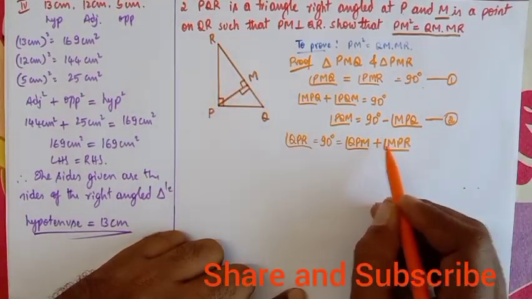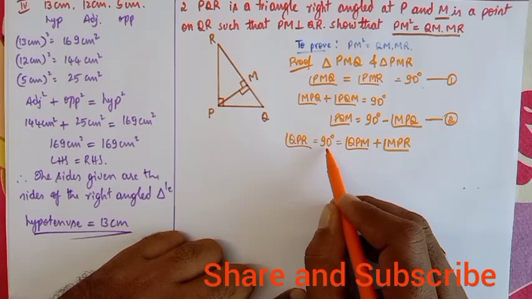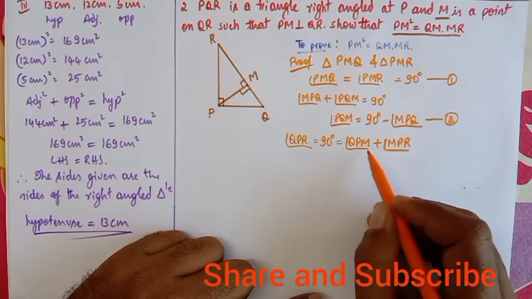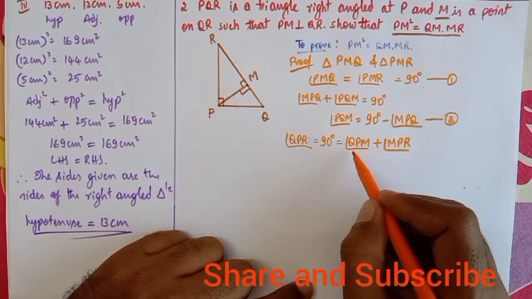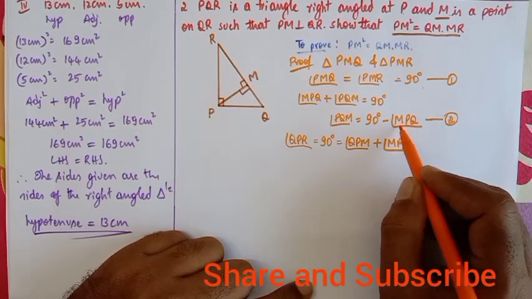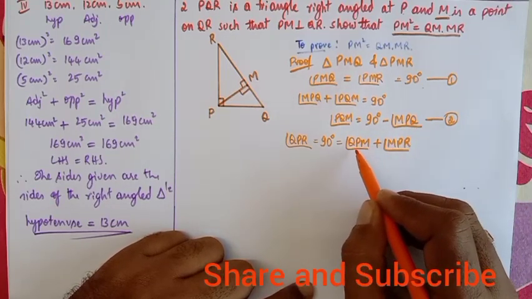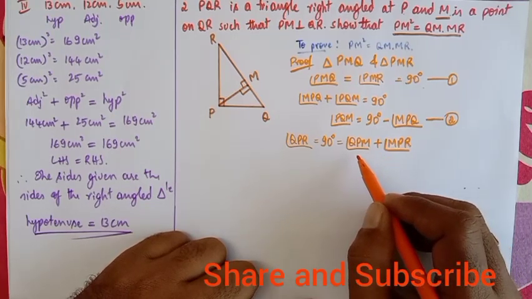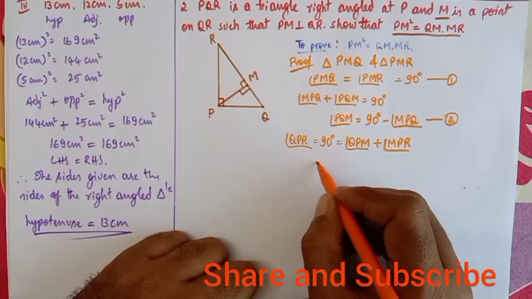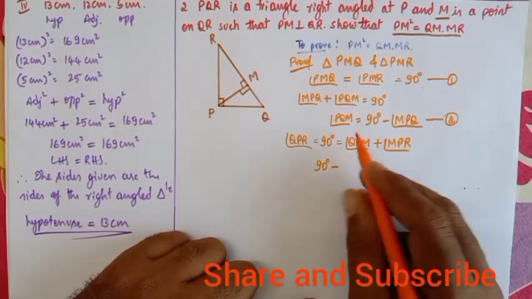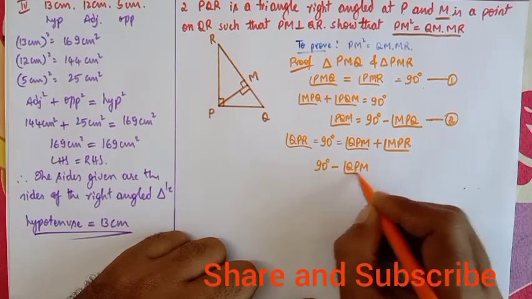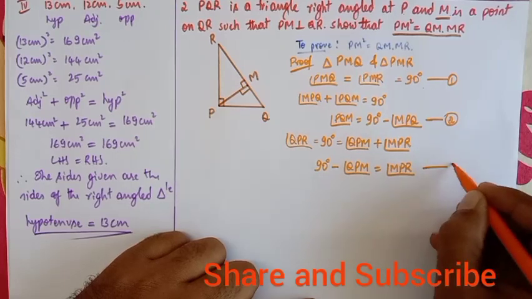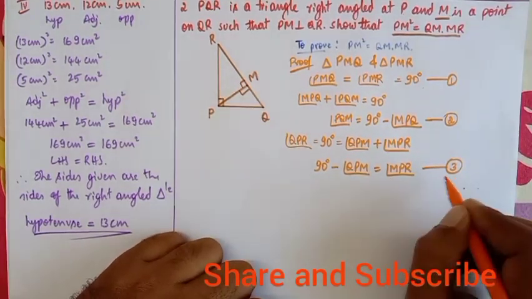If we add up these two angles, we will be getting 90 degree. Here you see QPM is nothing but MPQ. I will be shifting this one to this side. So 90 degree minus angle QPM is equal to angle MPR. This one we will call as 3.